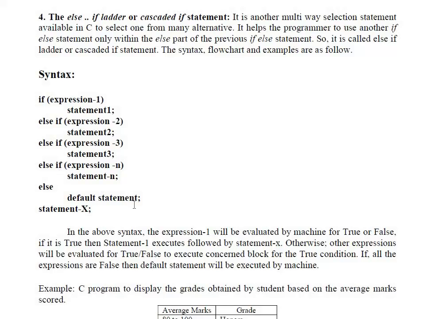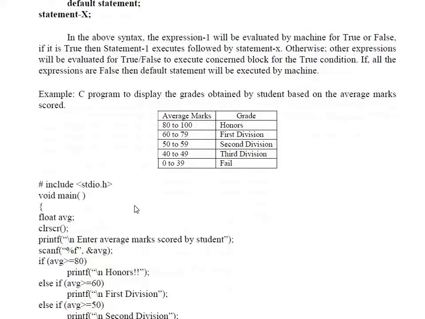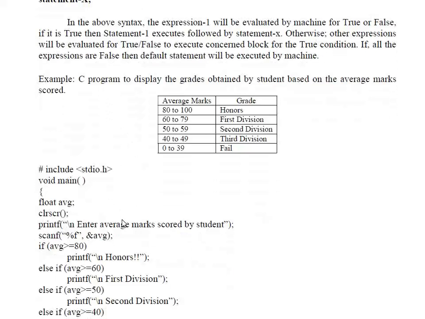Now I will explain the example. Now you have to develop one software, that means you need to write one program. That program reads your average marks. Whenever you run the software, it will ask you to enter your average marks. If your average marks are between 80 and 100, the program gives the result honors grade.